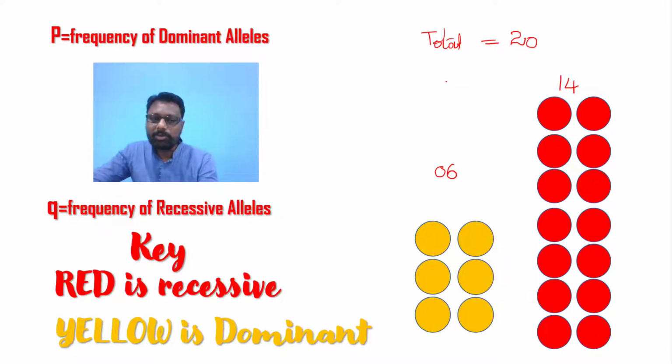Now to find out the frequency of dominant alleles and the frequency of recessive alleles, we can use formulas. In the Hardy-Weinberg equation, P always stands for the frequency of dominant alleles and Q always stands for the frequency of recessive alleles. P is equal to the total number of dominant alleles, 6, divided by the total number of alleles, 20, which gives 0.3.